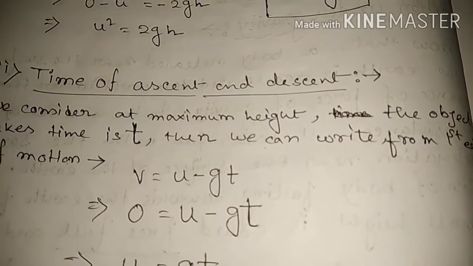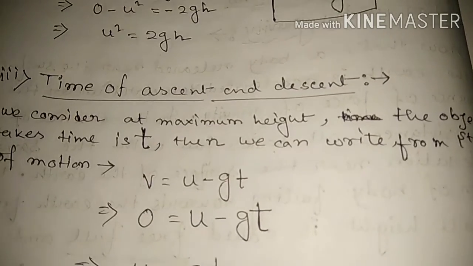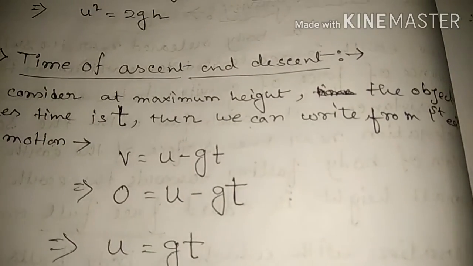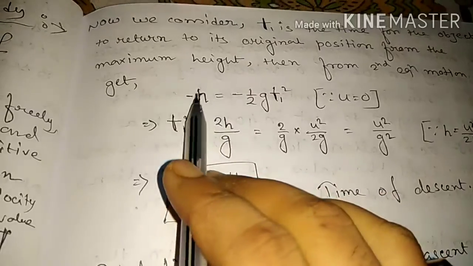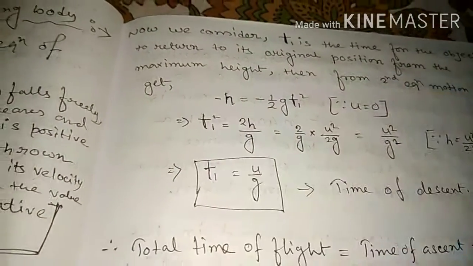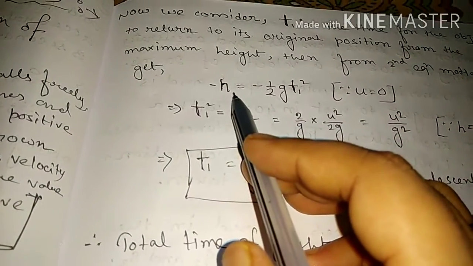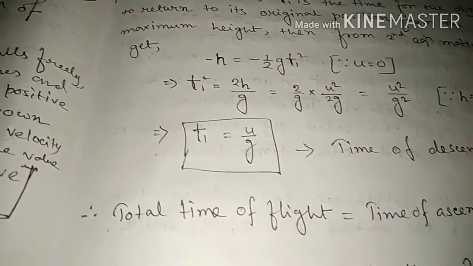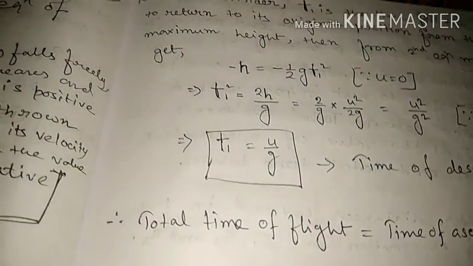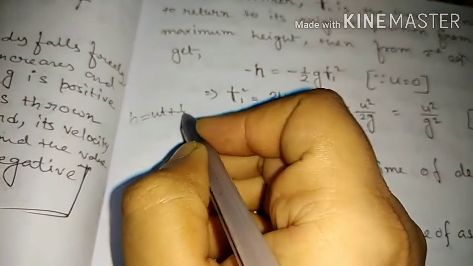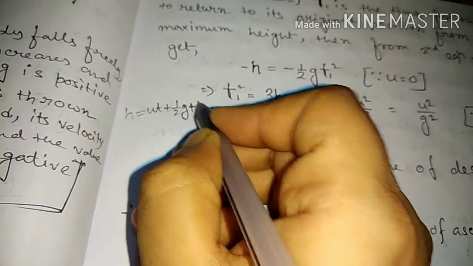So when it falls, the direction is towards g, that's why g is positive. From here we can write minus h equals u t1 minus half g t1 squared, where u equals 0. Minus h is the opposite direction. Or you can write h equals ut plus half gt squared, with t1 as the time.